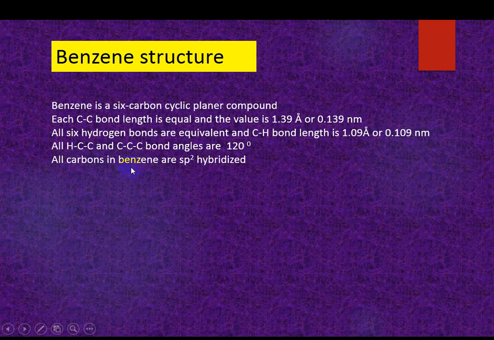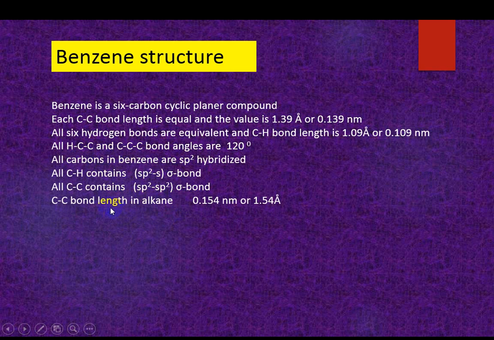All carbons in benzene are sp2 hybridized. The carbon-hydrogen bond contains an sp2 sigma bond. Carbon-carbon bond length in alkane is 0.154 nanometer or 1.54 angstrom.